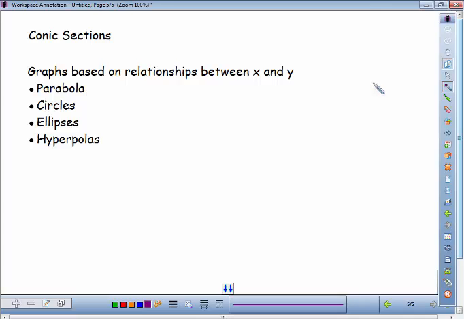The way they're defined is a little bit different from the way we know of a parabola or even a circle and an ellipse. They define it using measures of distances. They say these are all points on the xy plane such that the distance between this point and this point is the same, or something like that. So that's how we're going to try to approach it, and then we're going to see if we can come up with these equations that we'll use.